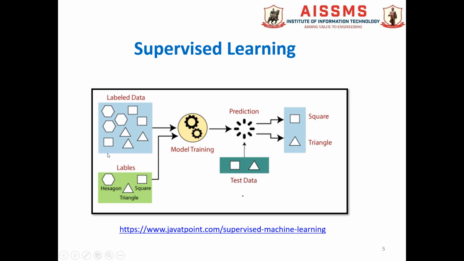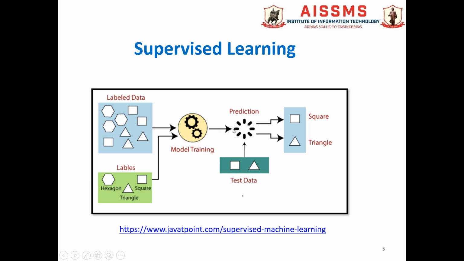Now, this triangle, this hexagon, this label data is given for model training, and based on this training, the system will learn and it will output a model.